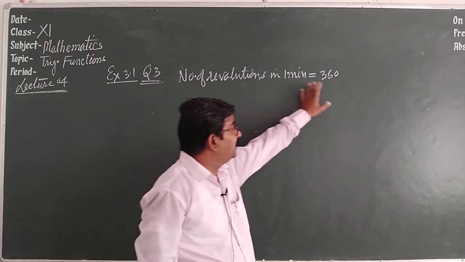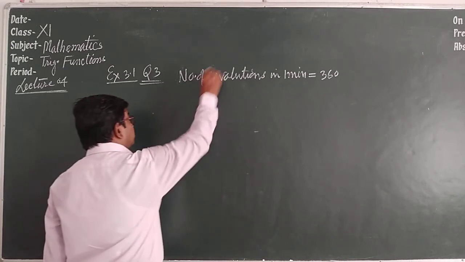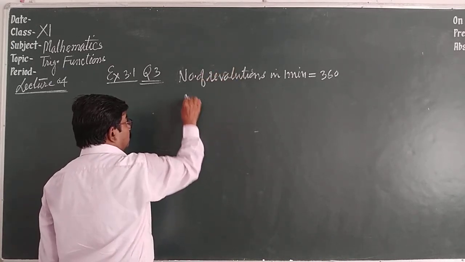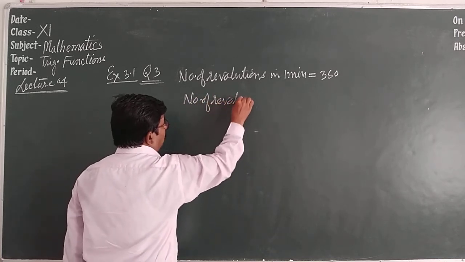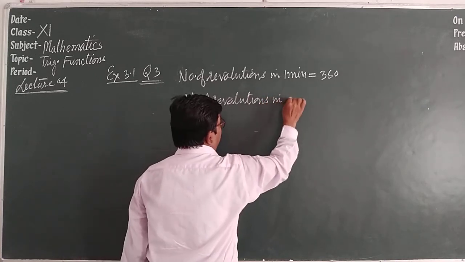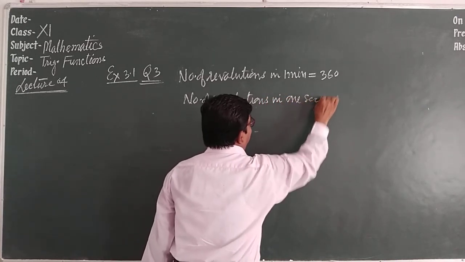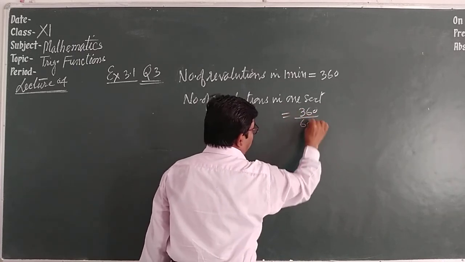So in 60 seconds 360. So the number of revolutions in 1 second will be 360 upon 60.